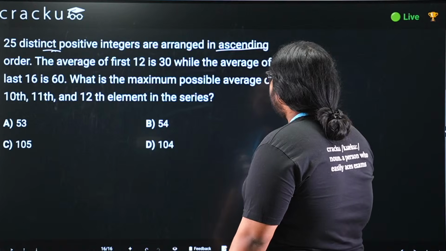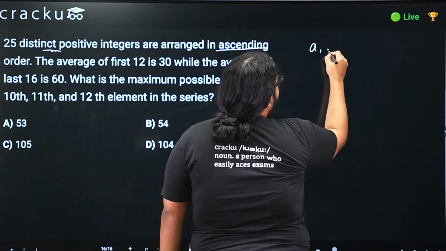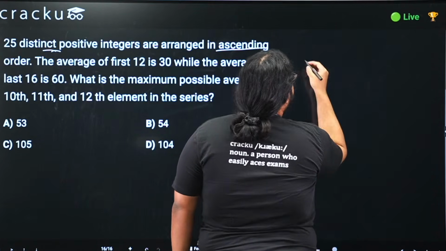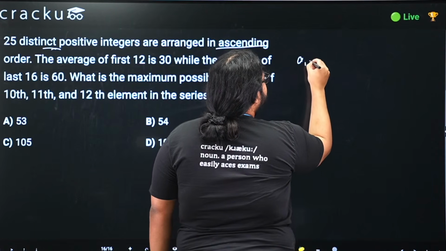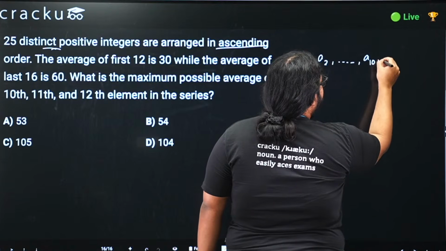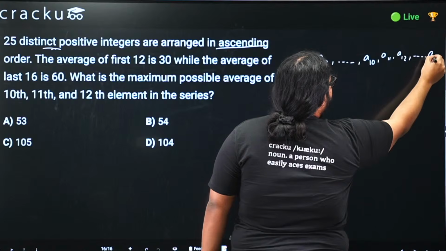There are 25 positive integers, so let us take them to be A1, A2, and we have to worry about A10, A11, A12, and then it goes all the way up to A25.